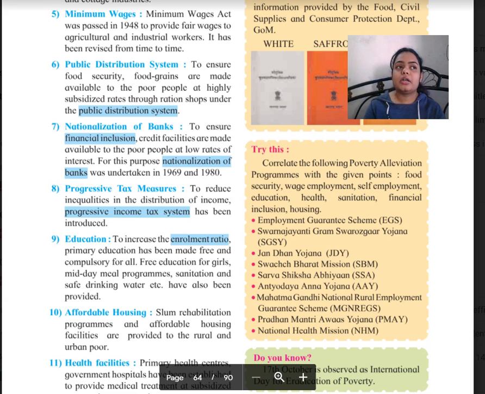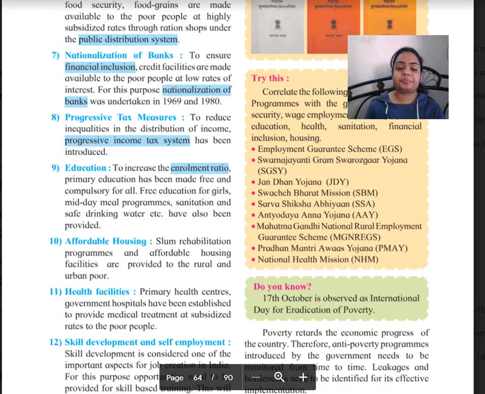So after 10 lakhs, if you are earning, then your income will be taxed at a little higher rate. So according to the income, they have changed the tax rate so that it is helpful for the poor people, and also for the middle class people who are able to satisfy their basic needs, but having to pay taxes and all becomes a little difficult. So they have given the progressive tax system.